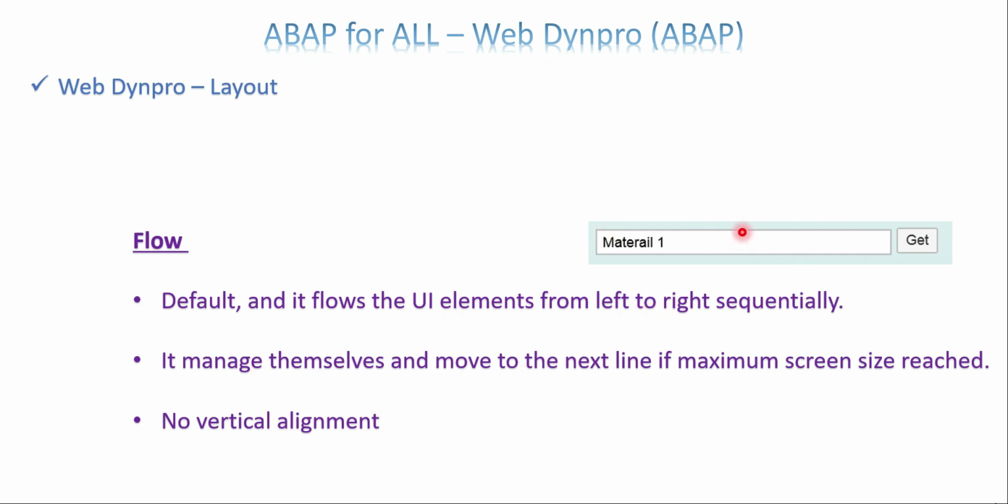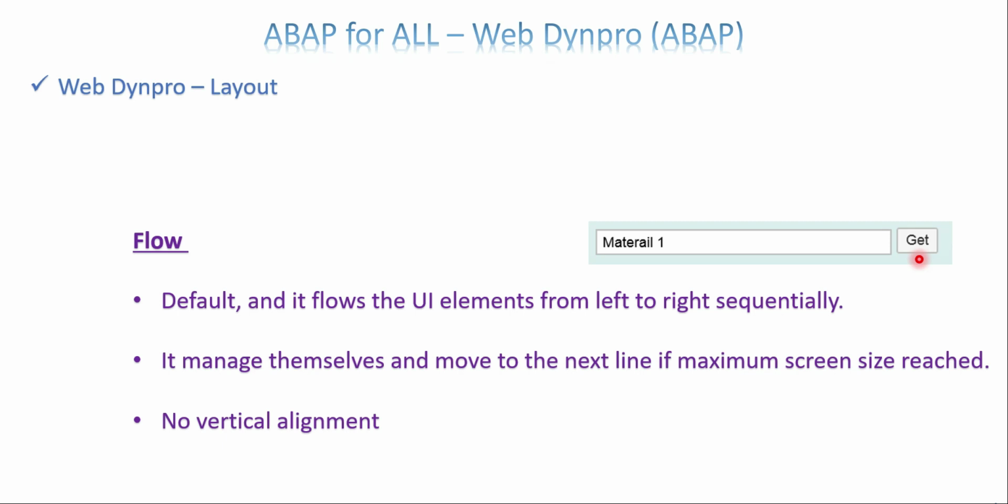It manages itself whenever the screen is resized or minimized: if the size is not enough, any component that does not fit the screen automatically comes to the next line.